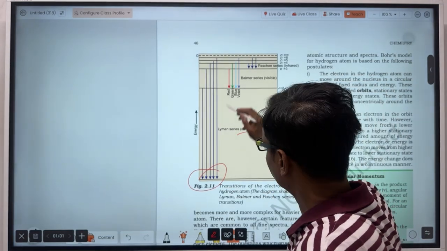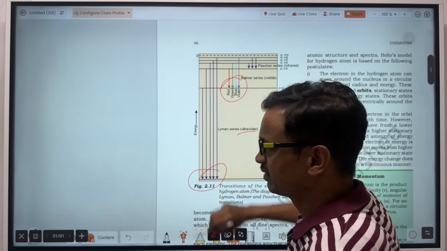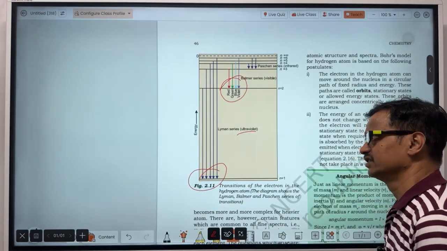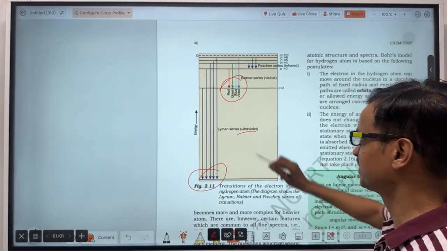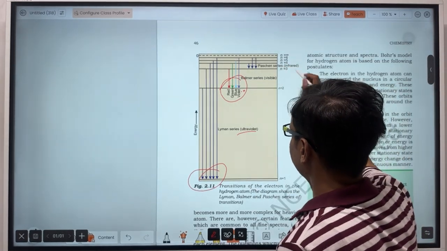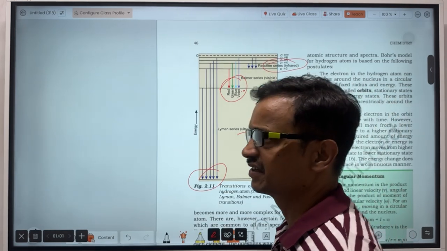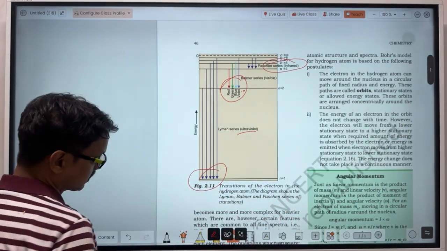In case of the Balmer series, the radiation comes under the visible region, and in case of Pascal, Brackett, and Pfund series, they come under the infrared region.